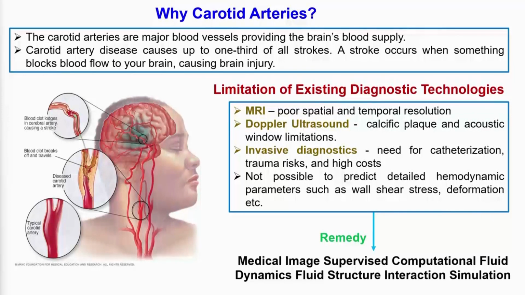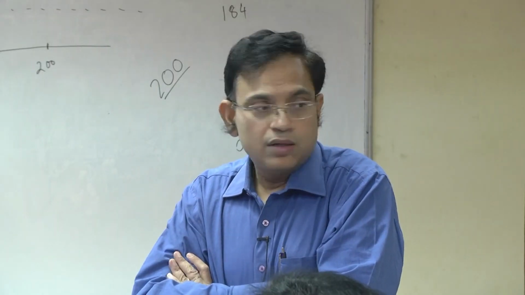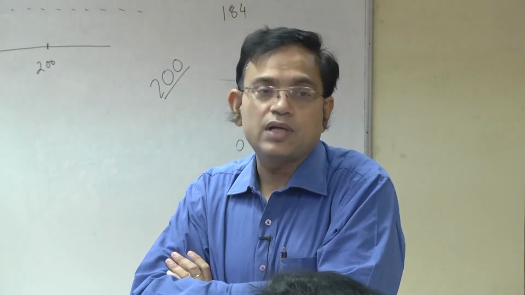Carotid arteries are major blood vessels which provide the brain's blood supply, and that is why these are very critical. If you talk to any cardiac expert doctor, they will talk about two major types of arteries. One is the coronary artery and then the carotid artery.